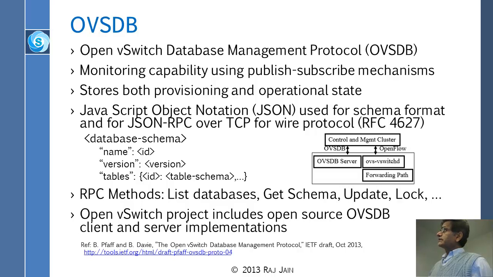This server talks to this control and management cluster, and the protocol that is spoken between them is called OVSDB. Why is it called database? Because this database has many things, including how many packets were seen, how many packets were done, and so on. Everything is stored in tables, and those tables can be queried by this database.